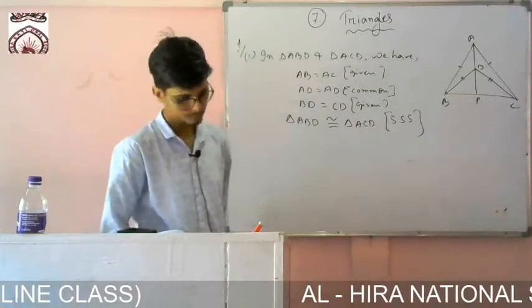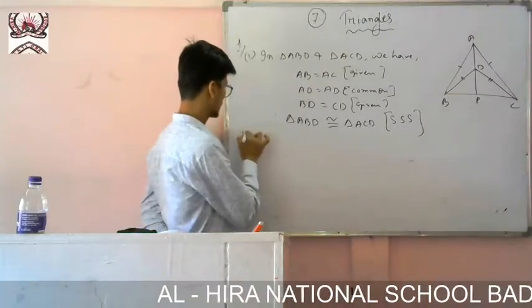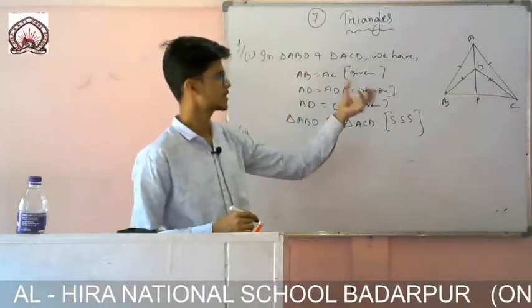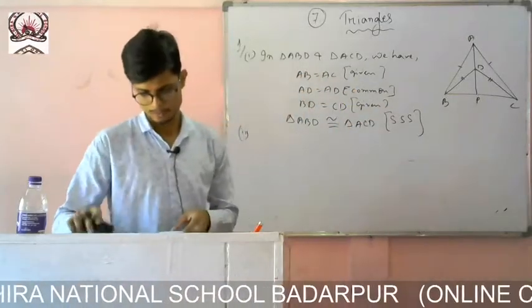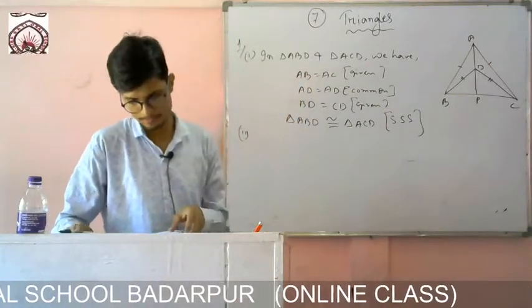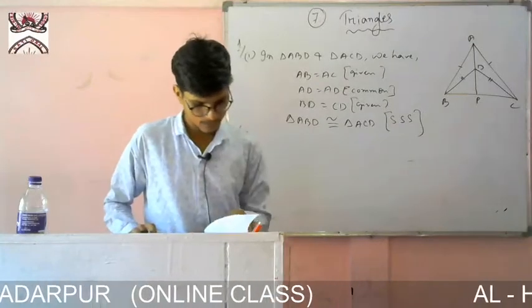Then Roman number 2. Is it tough? Very easy. You just have to use your brain and then solve it. Try to think what is there in the question and how you can relate them, then you can easily find the answer. Next one, you see what is given in the question.